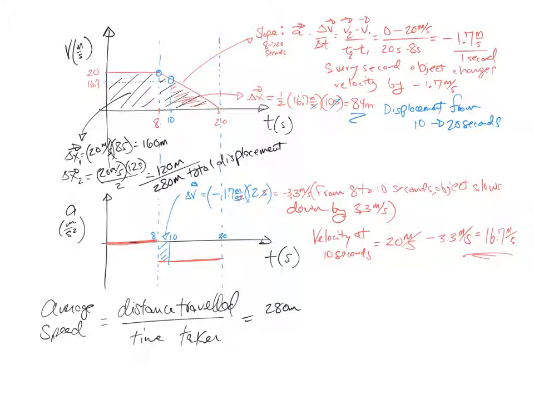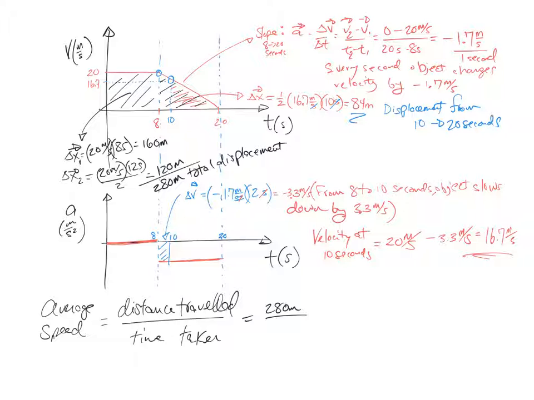Displacement and the distance traveled are not the same number when the object changes direction. Often displacement and distance traveled are a different number. In this case, you'll notice that the displacement is the same number as the distance traveled, but the displacement includes a positive direction.